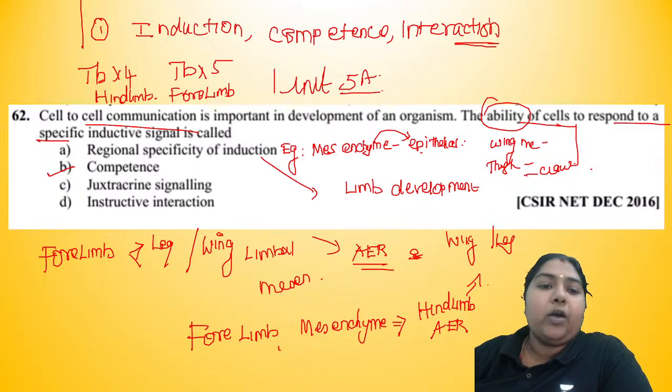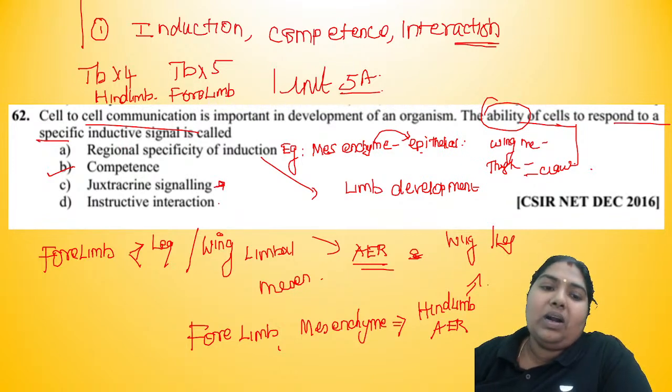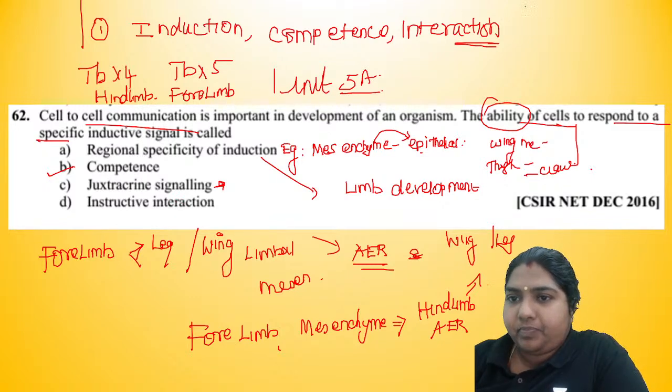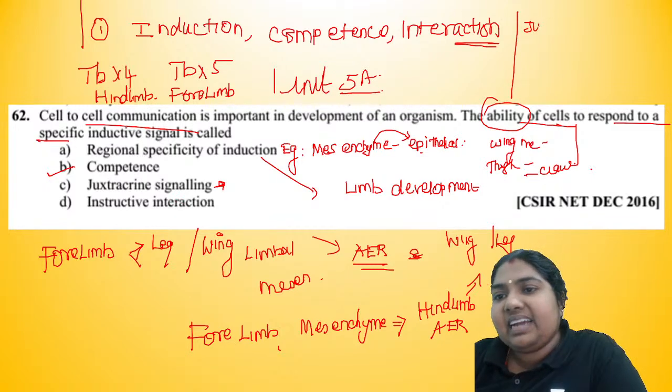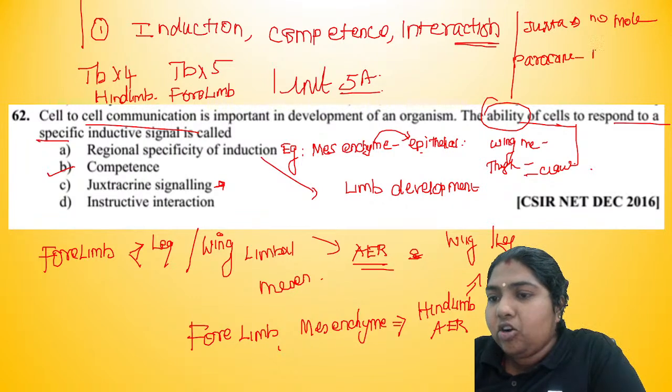Let us see. Okay, so next is juxtacrine signaling. What is the difference between paracrine and juxtacrine? In juxtacrine, no molecules are involved. If it is going to be paracrine, then only molecules will be involved.